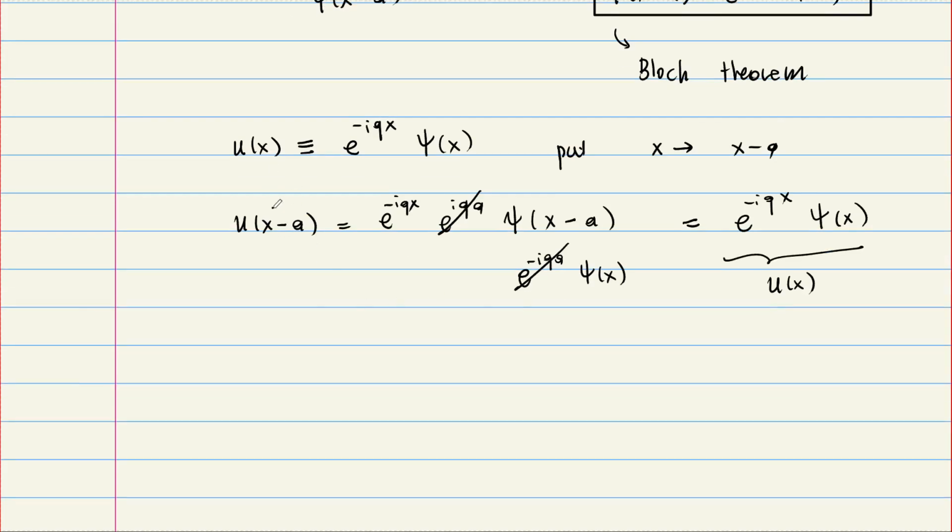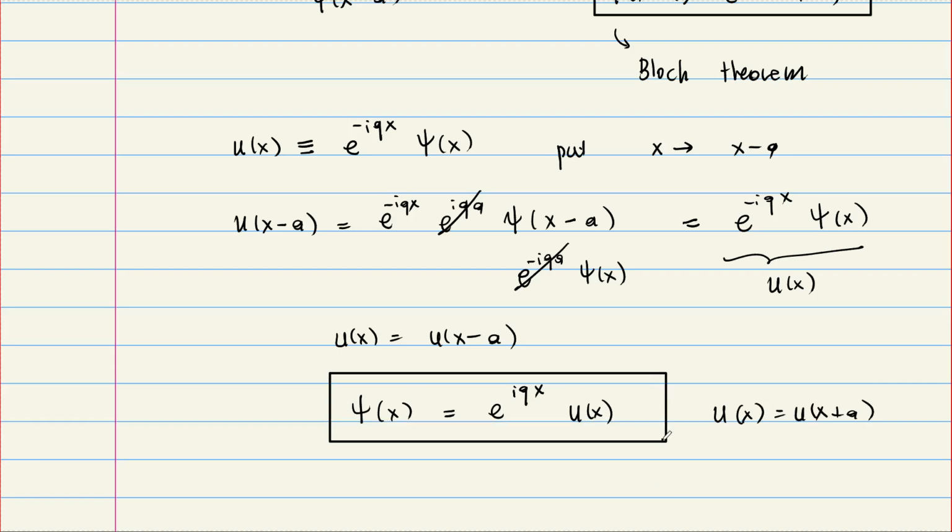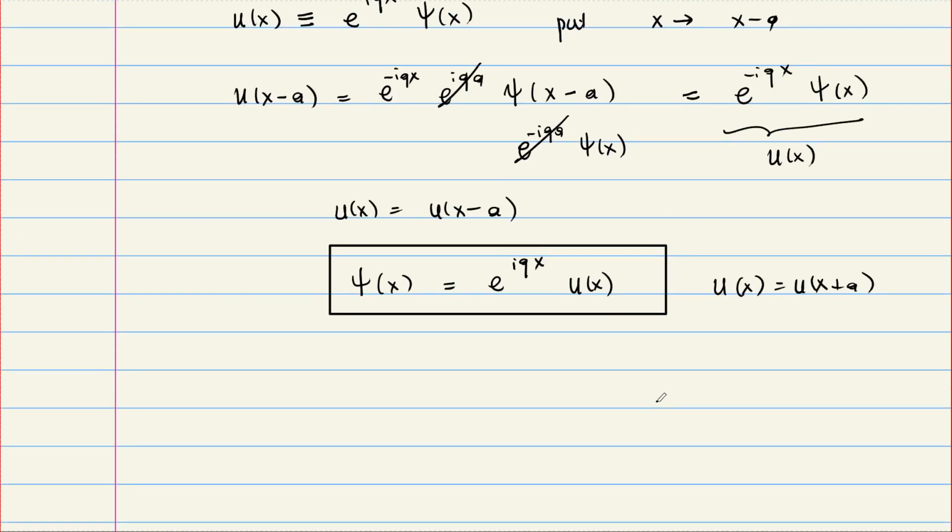That means this u I defined is periodic: u of x is equal to u of x minus a. Or another way to write this, I now multiply both sides with e to the i q x, so ψ of x is e to the i q x times u of x, and the condition on u is u of x is equal to u of x plus a. And this is also sometimes called the Bloch condition or Bloch theorem.